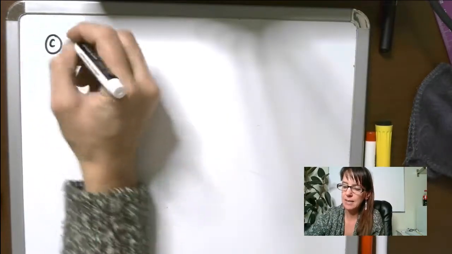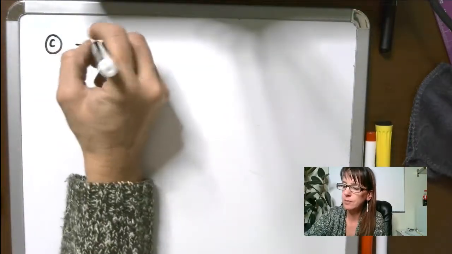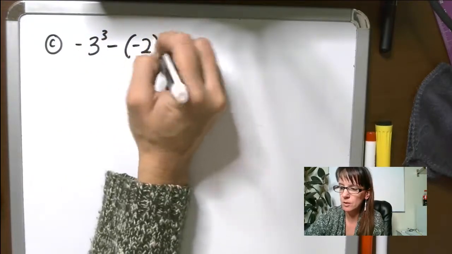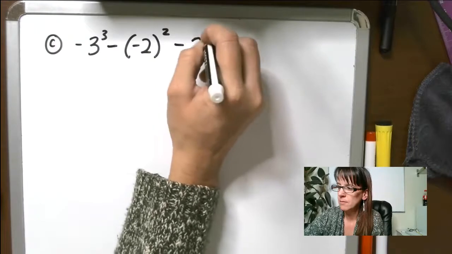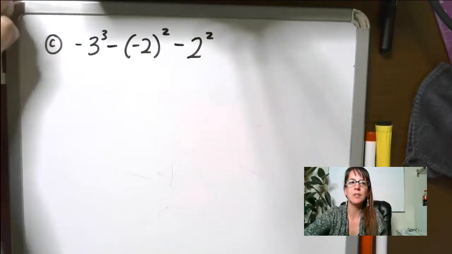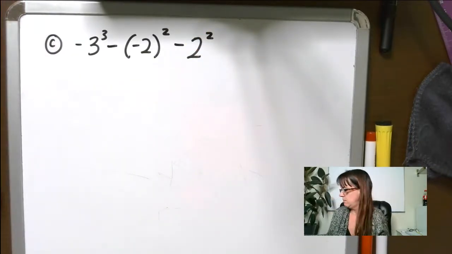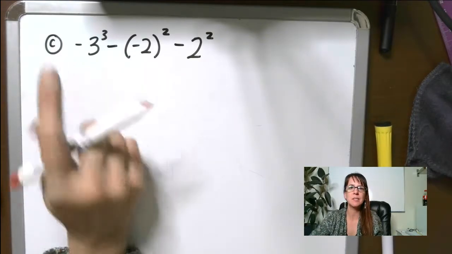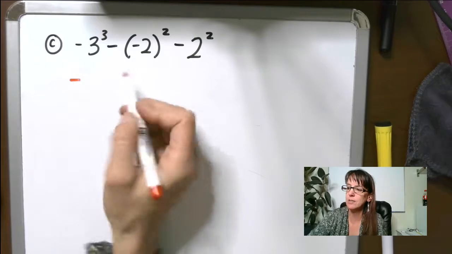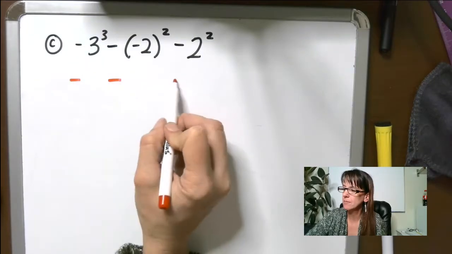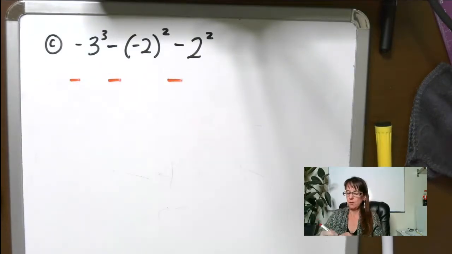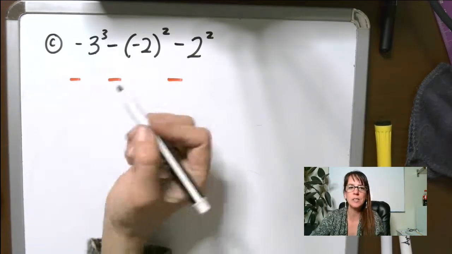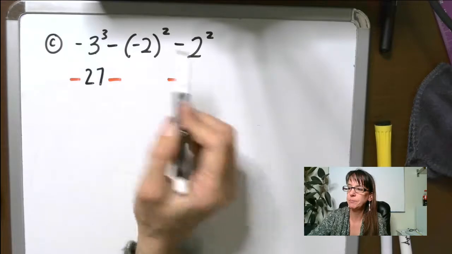And guys, I think it's helpful to write those with different colors, right? So I'm going to show you. All right, so writing it with different colors, I'm going to use, where did my red go? Remember, this is not a negative, it's a subtraction. I know that seems weird, just roll with me on that, okay? So now we're going to go back and do all of our garbage. 3 to the third is going to be 27.